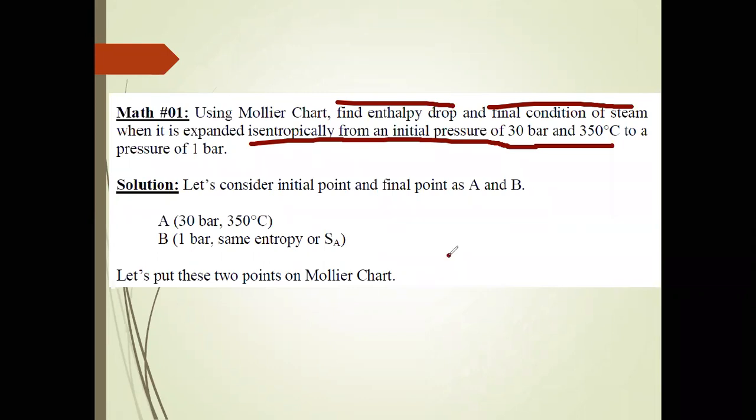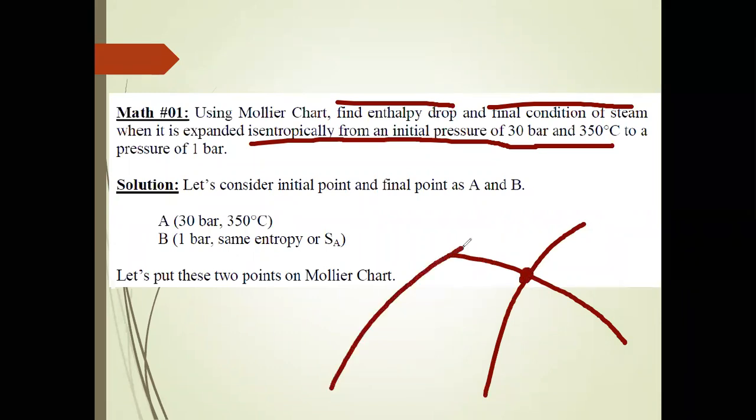Suppose this is one line, this is another line. At that time you will get the intersection point. With only one piece of information you will get a line of the graph, but to get the intersection point you need at least two pieces of information.